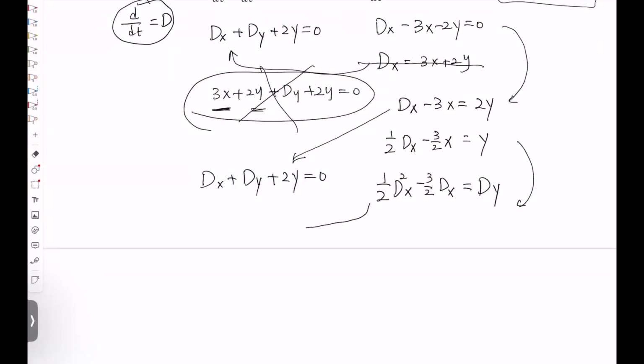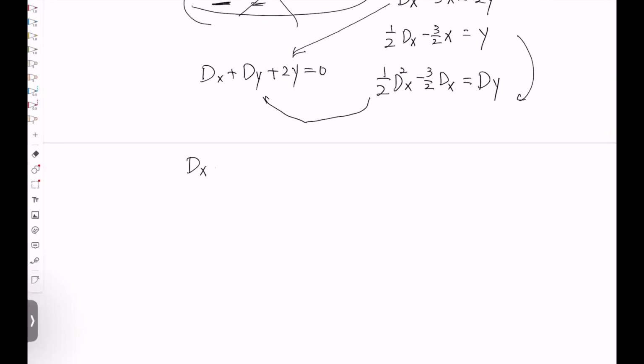Now we can substitute Dy here. We have Dx plus 1 over 2 D squared x minus 3 over 2 Dx plus 2y, where 2y equals Dx minus 3x, and the right-hand side equals 0.